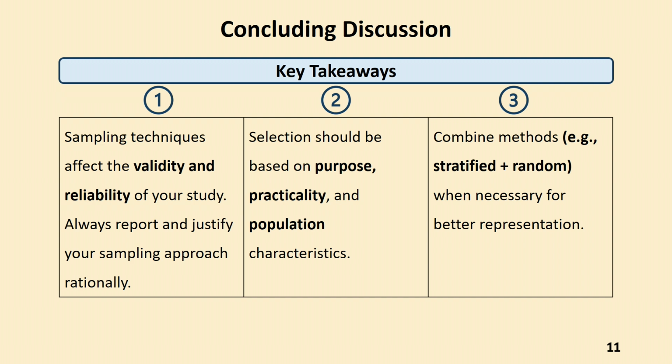So, you can understand here that whenever you select any research topic, you definitely have some background and rationale that continues to the sampling technique and the process of sampling. You have to look into the purpose, practicality, and characteristics of the population.